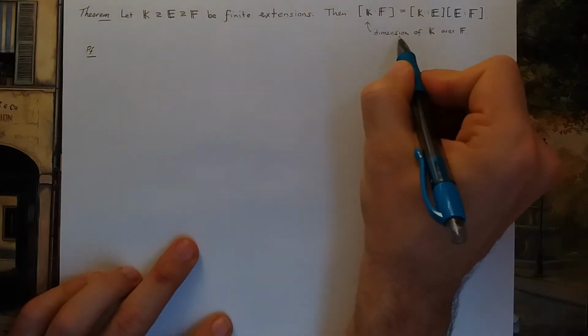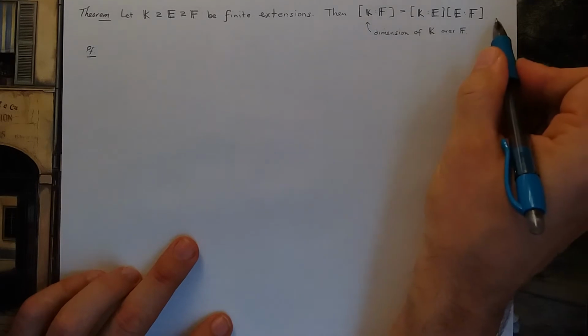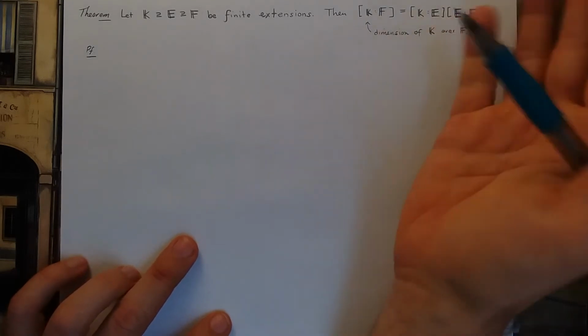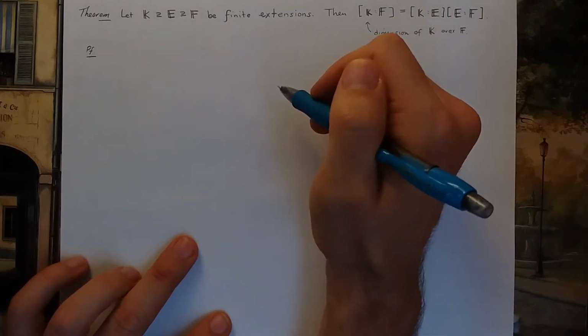So we're talking about dimension here. This is a statement about dimension of vector spaces. That means we should look at the number of vectors in a basis.